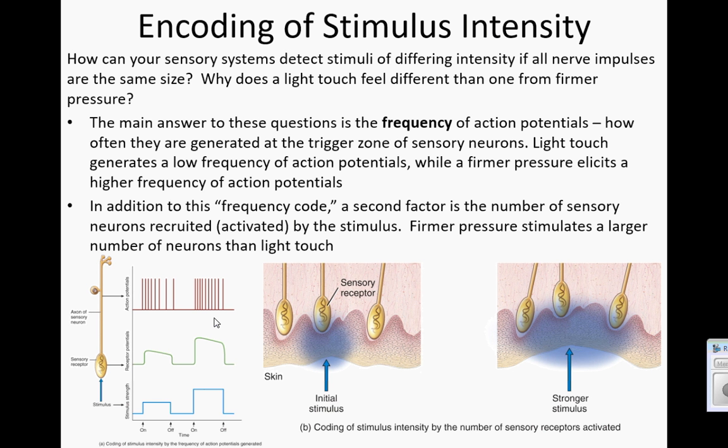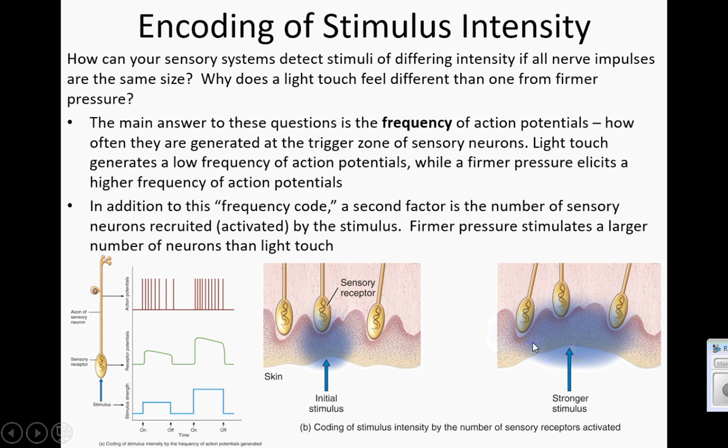In addition to this frequency code, a second factor is the number of sensory neurons that will be activated, or recruited, by the stimulus. Like we show here with a light initial stimulus, like very lightly pushing in on the skin, that might only stimulate one or two sensory receptors, which ultimately leads to action potentials inward.